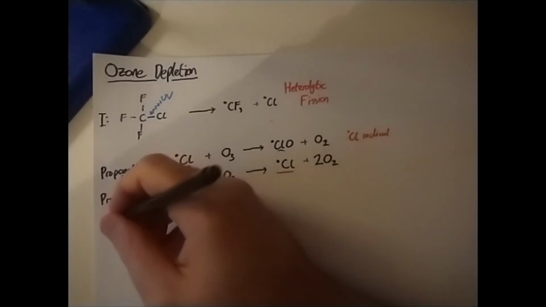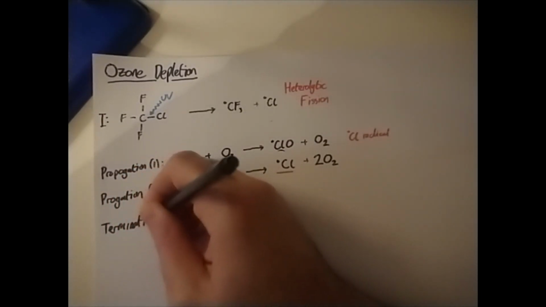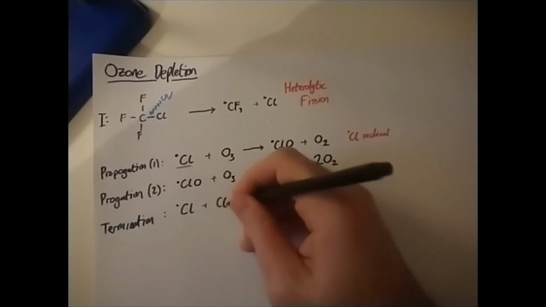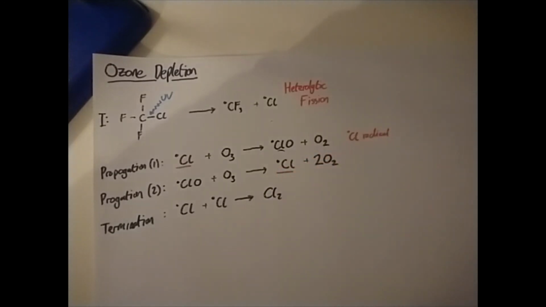And we get rid of the Cl radical with a termination step. And that is Cl radical plus another Cl radical will produce a Cl2 molecule. That's the best we can hope for, and that's the way we're going to end this breakdown of ozone.